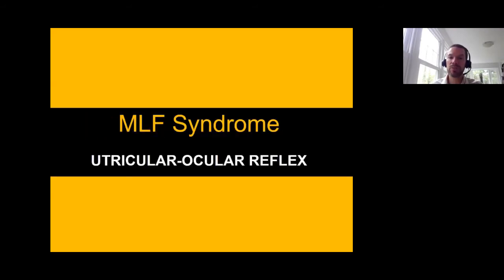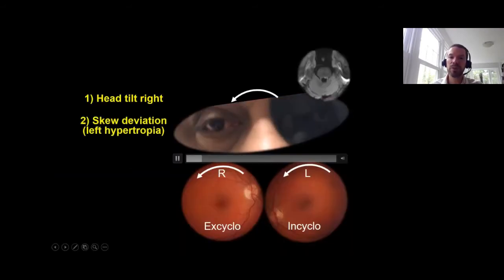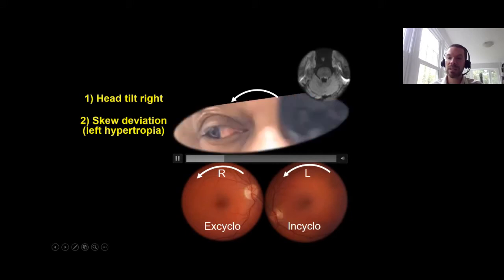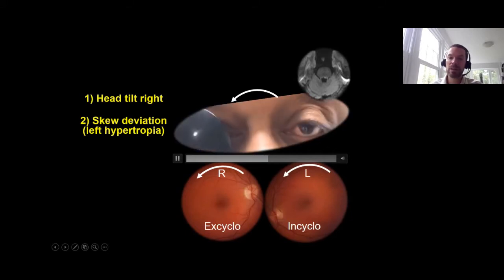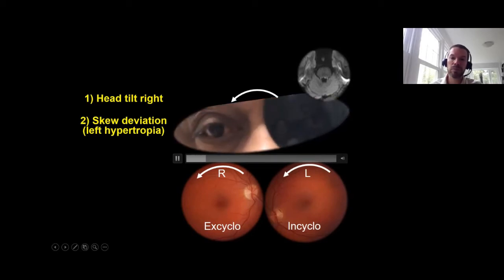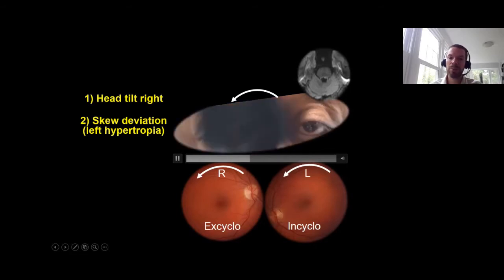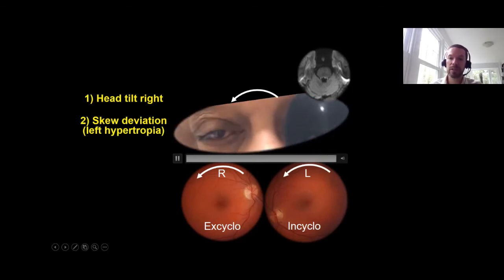Let me just show you this video again. Two things are happening. One is that the eye's coming down, but the eyes are also coming way in. See that comes up and in, up and in, up and in, and this one comes down and in, down and in, down and in.